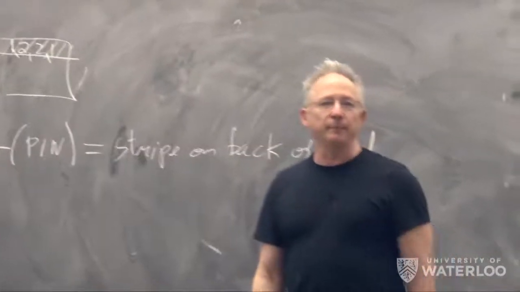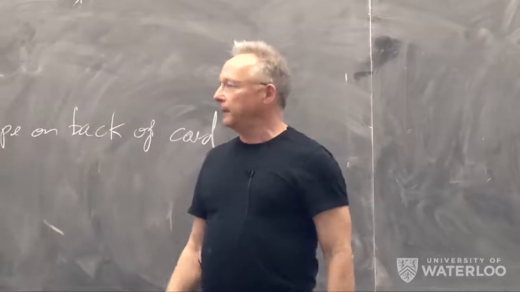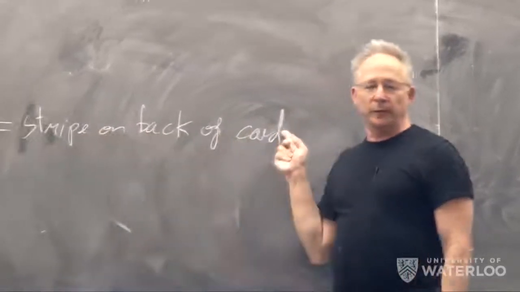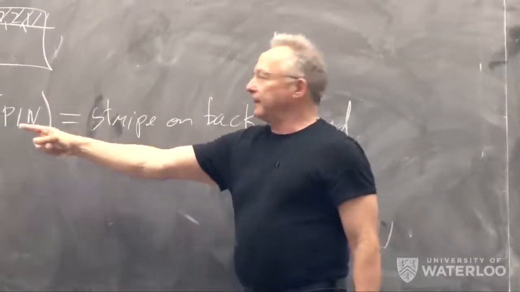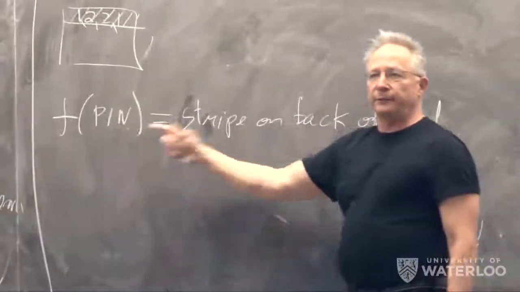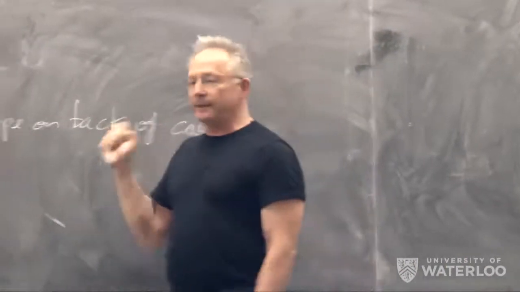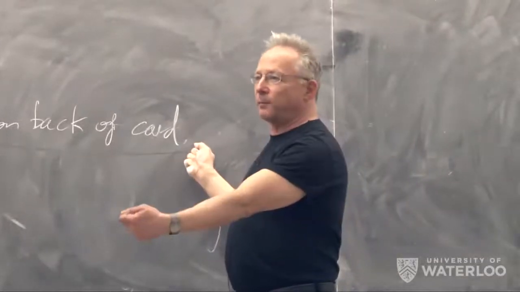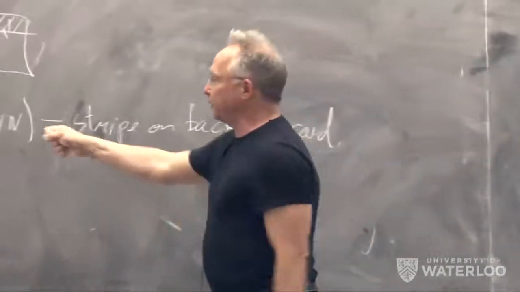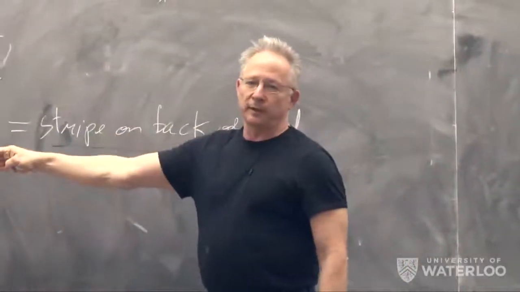So when you come to some machine in Australia and you want to withdraw money, the machine can read what's on the stripe. Then you enter your PIN. They can easily compute f of your PIN and see if it fits the stripe or not. But if someone steals your card, he has the stripe, he wants to withdraw money, he comes to a machine, and the machine asks him for the PIN. What he needs to do is to invert the function, which is hard.